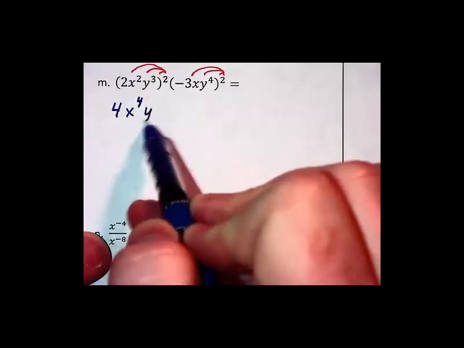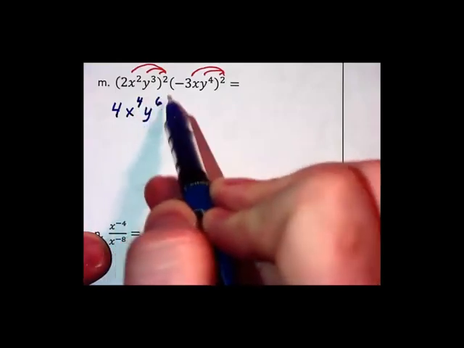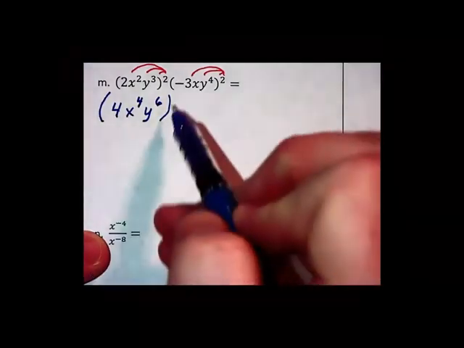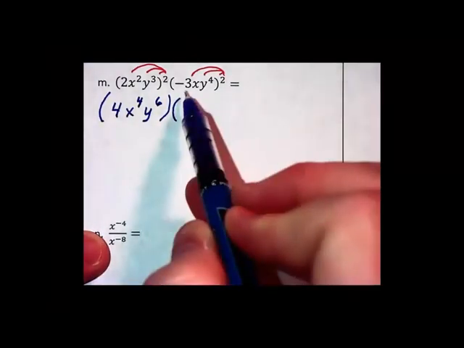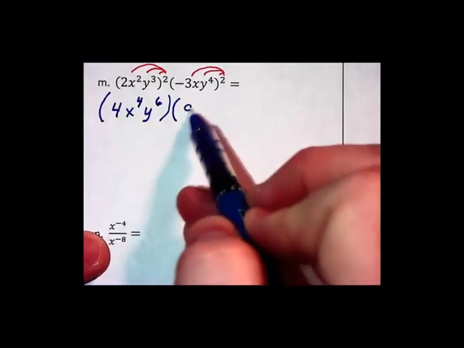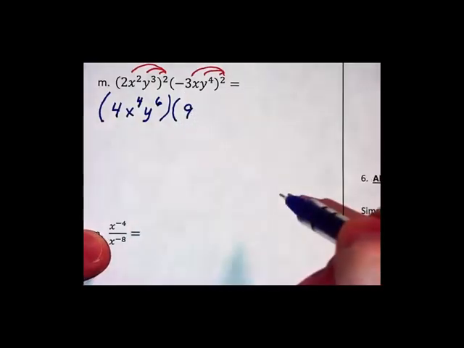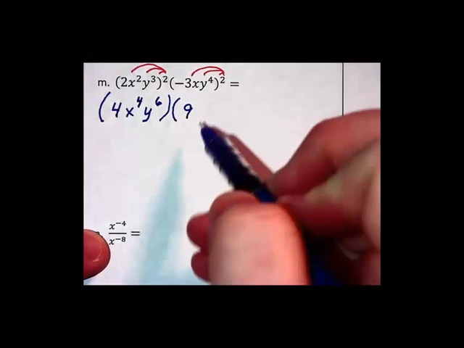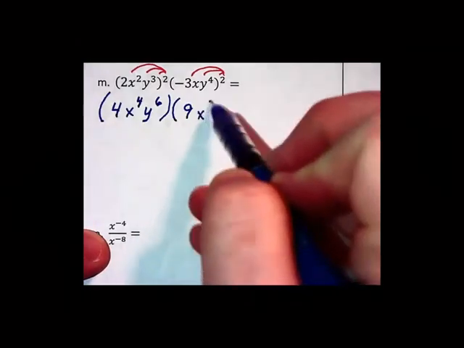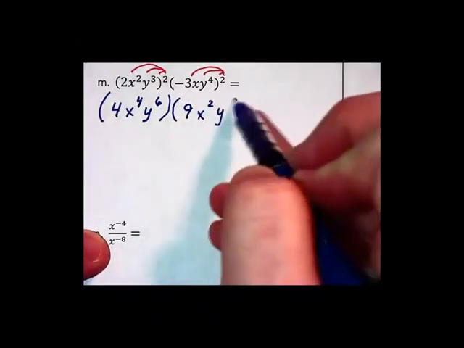Y to the 3 times 2 making 6, and that comes from our first parentheses. The second parentheses, when we square the -3, we get +9 because a negative to the even power makes a positive. X to the 2nd, and then y to the 4 times 2, y to the 8th power.